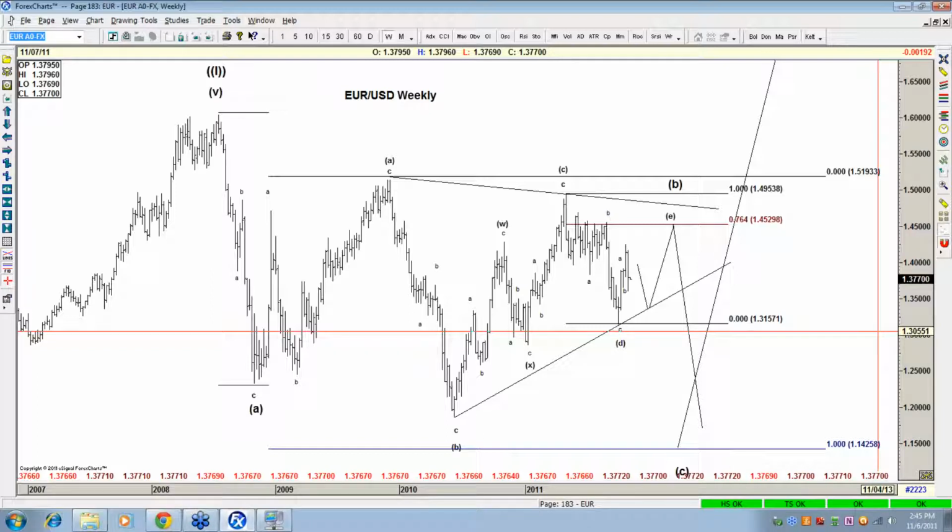No, cable is in its own war, but cable is part of the dollar index. It's in its own war with the structure, but what is clear is that cable needs to thrust for the triangle. And thrust for the triangle is an impulse. No matter what it is, it's impulsive. And that's not the case.